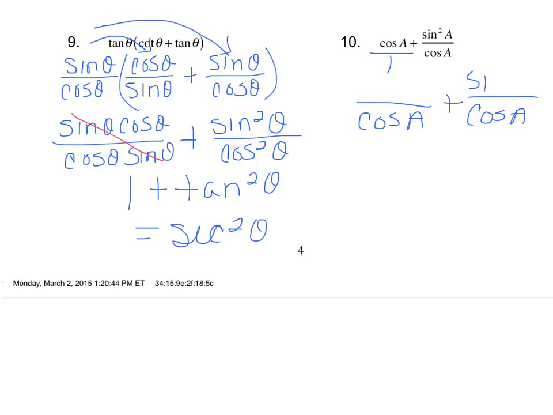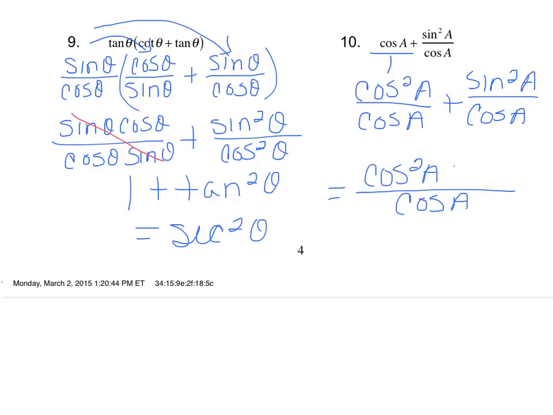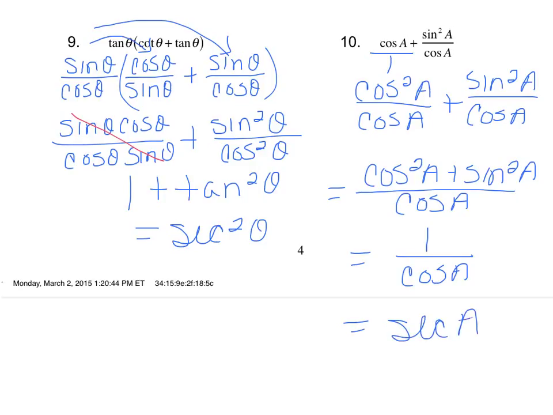So this fraction is not going to change at all. This is going to become cosine squared of A. So I'm going to bring over the denominator, which is cosine of A. Combine like terms on the top, which I have none, so I'm just going to have cosine squared of A plus sine squared of A. Ooh, cosine squared of A plus sine squared of A is a Pythagorean identity, which equals 1 over cosine of A. And 1 over cosine of A is secant of A. Wow, that was a big one too.